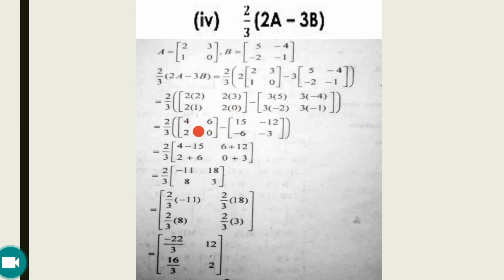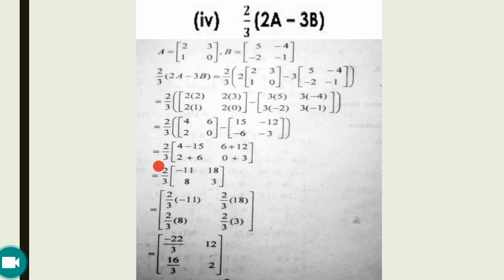The corresponding entry of 6 is -12, so 6 minus -12 will be plus 12, because minus minus is plus. 2 minus -6 will be 2 plus 6, and 0 minus -3 will be 0 plus 3, because minus minus becomes plus. Now solving further, we get -11, 18, 8 and 3, and 2/3 stays as it is with it. We have solved the bracket.